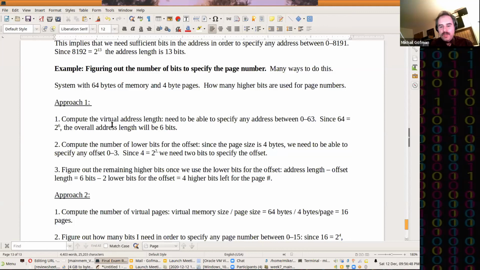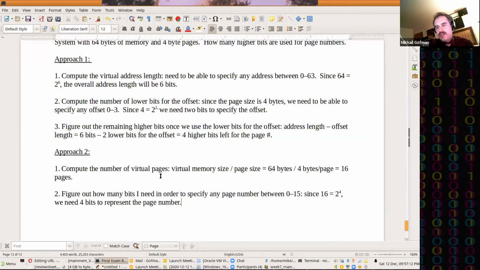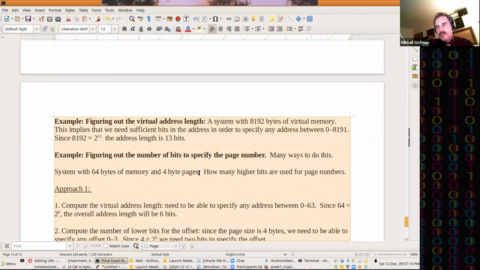So the lower bits are always going to be used to specify the page offset, and the higher bits are always going to be used to specify the page number. Okay, so it's not really an algorithm; it's like a concept.